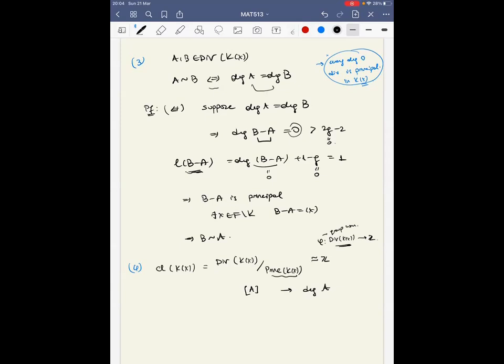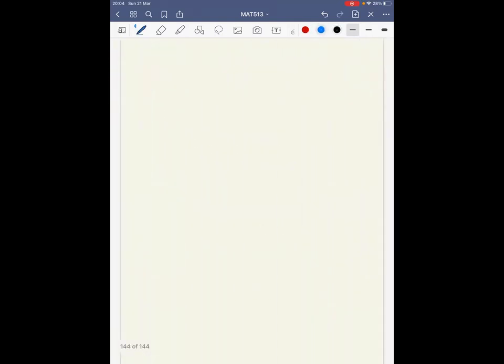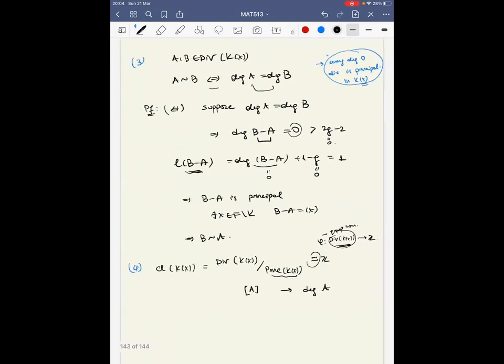And by the first isomorphism theorem, we can see this isomorphism. And finally, thanks to this observation, every degree 0 divisor is principal.